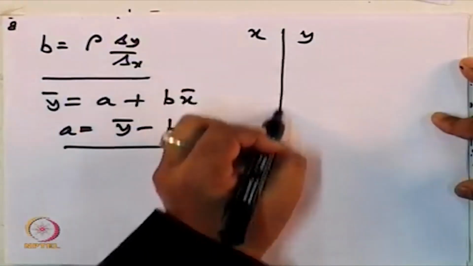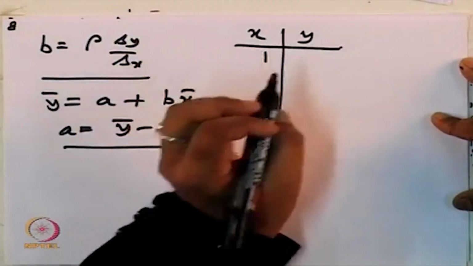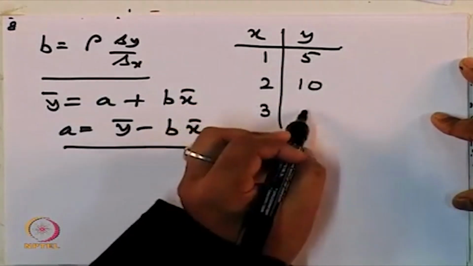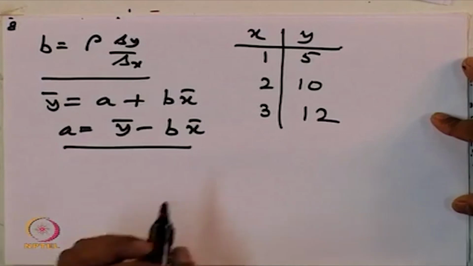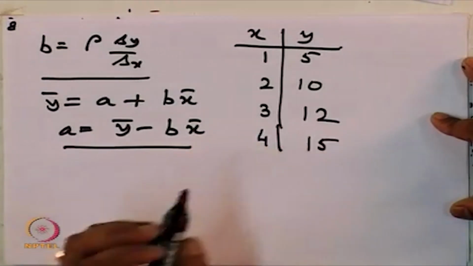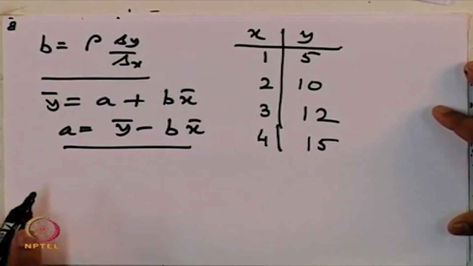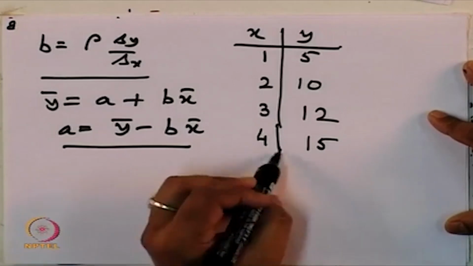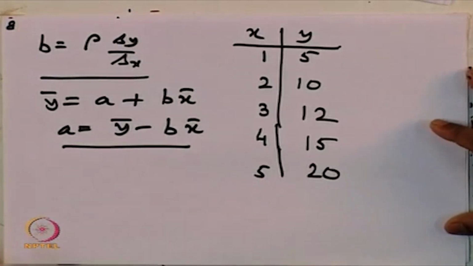Let us take a very simple example. So, these are our 5 values.